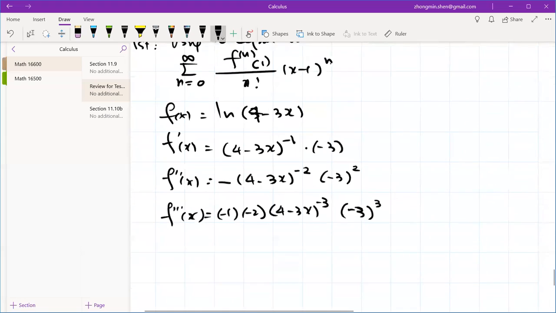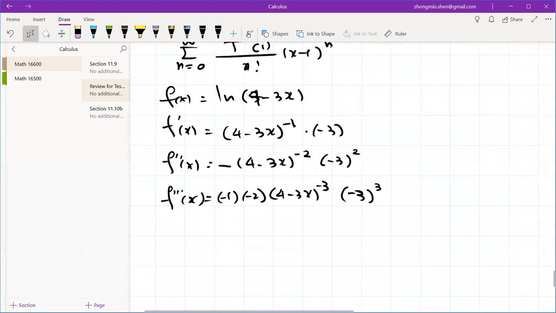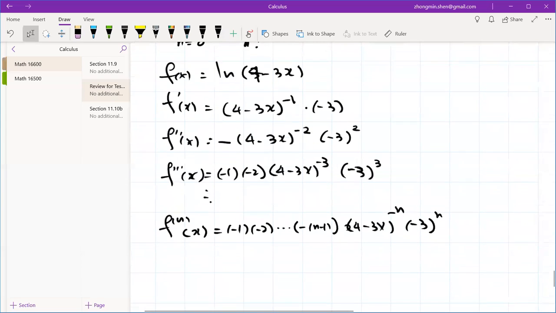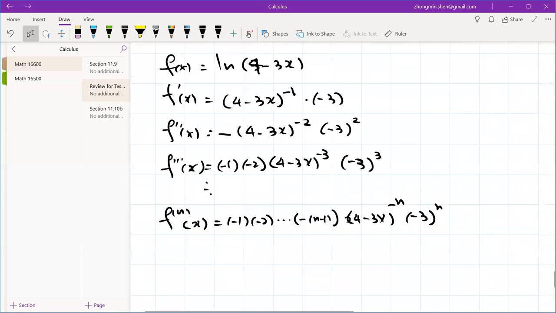So I guess now I already have enough information. I get the pattern. Okay, I get negative 1, negative 2, all the way to negative n minus 1. And here 4 minus 3x to the negative n, negative 3 to the power n. So this is a general formula.